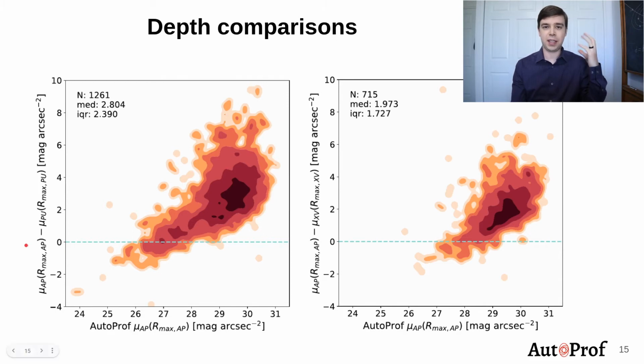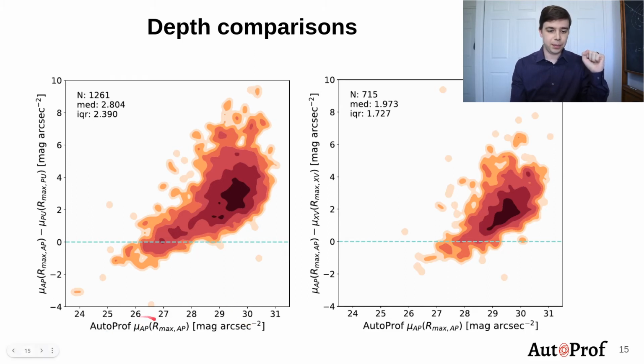Because of the techniques that I discussed earlier that AutoProf employs, it's able to reach deeper magnitudes. What we're seeing here on the x-axis is the deepest isophote that AutoProf reached before hitting a certain error threshold. So you can see a lot of them made it to 29 or 30 mags per arcsecond squared.